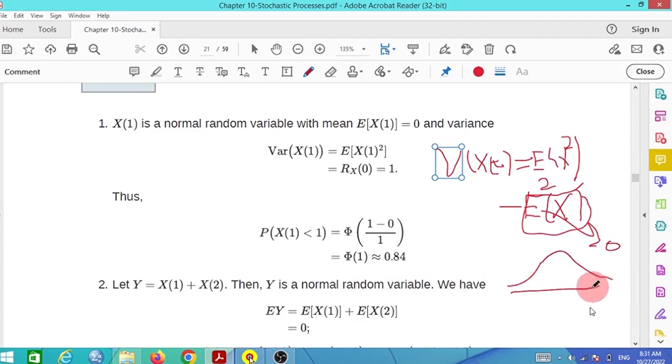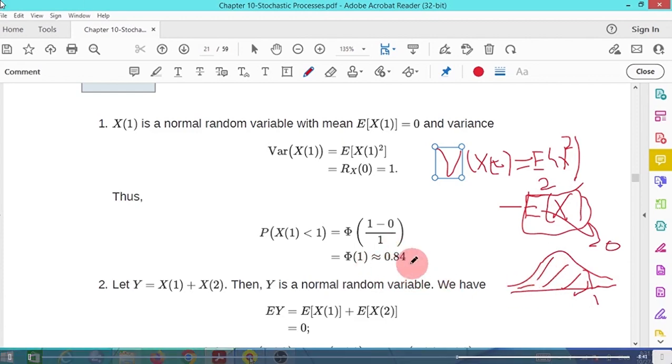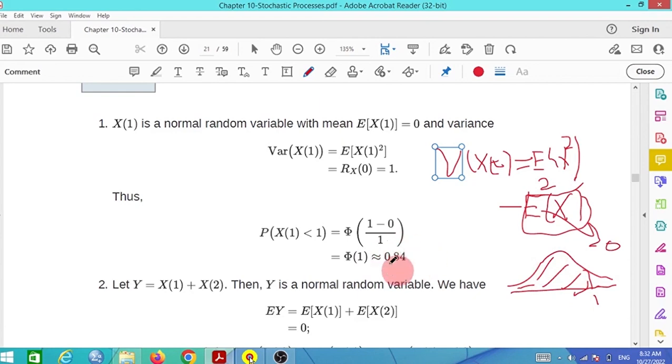If this is the normal figure, at this point 1, this area is 0.84.